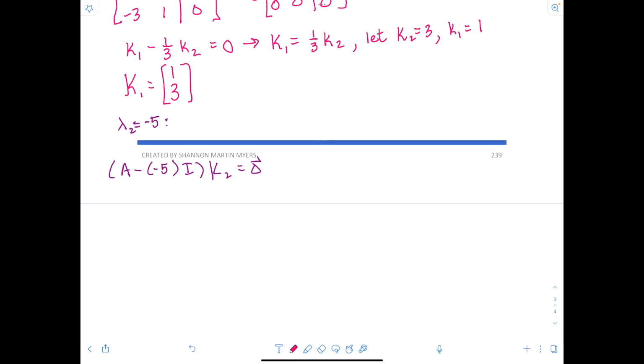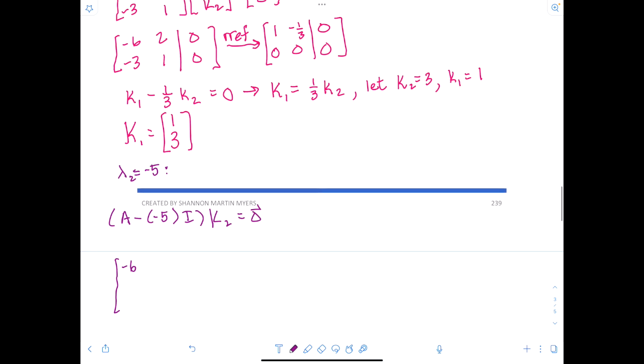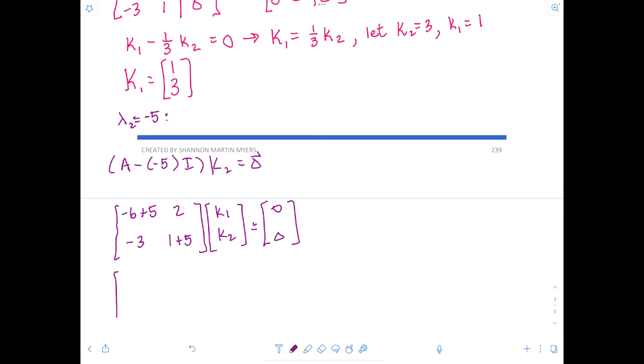Putting it together, we'll end up with negative 6, and then minus a negative 5 is plus 5. Then we'll have our 2, negative 3, and then 1 plus 5, because minus a minus, times K2, which is just going to be these entries, K1, K2, equal to 0, 0. And then that's going to give us negative 1, 2, negative 3, and 6.